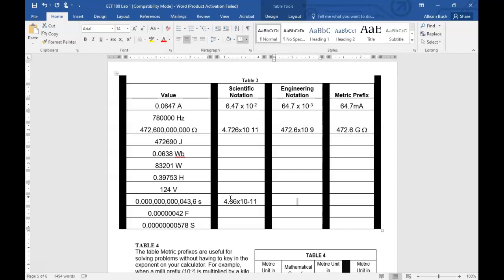Should be 4.36 times 10 to the negative 11. Does everybody see that?